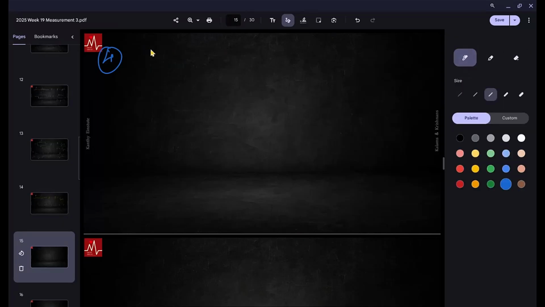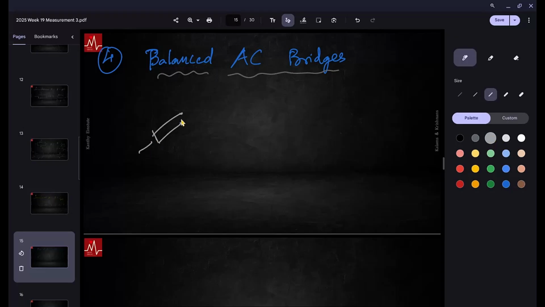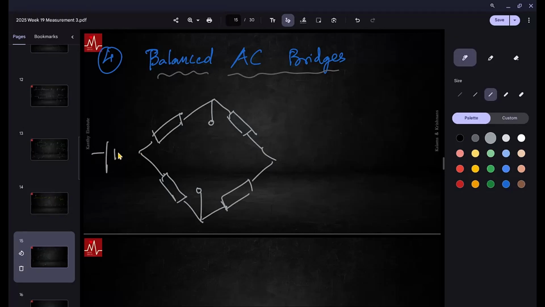Balanced AC bridges. Let's do balanced AC bridges. Likely have elements that have, so the bridge is balanced, and let's say ground this and ground this.